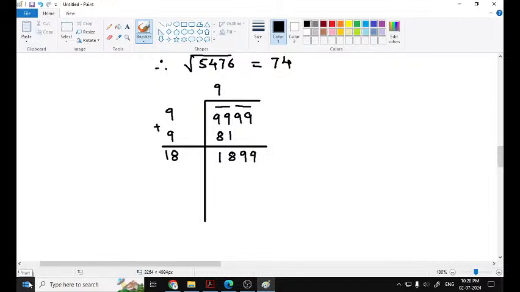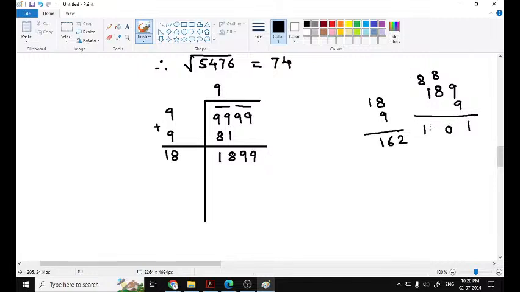Now 18 nines are 162. So 189 into 9, carry 8. This number is smaller than 1800, so we write here 9.